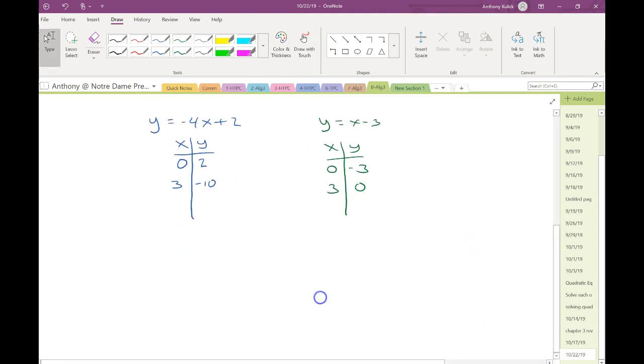All right, so now I'm going to just plot these points and draw my lines. Let's see. 1, 2, 3. 1, 2, 3, 4, 5, 6, 7, 8, 9, 10. Okay. So 0, 2, and then 3, -10.